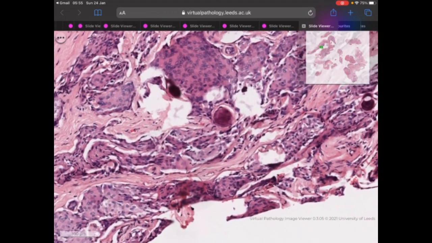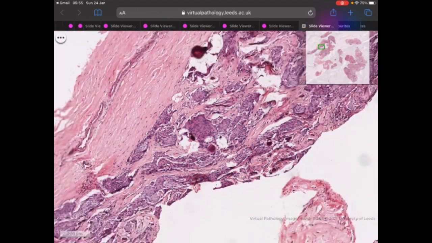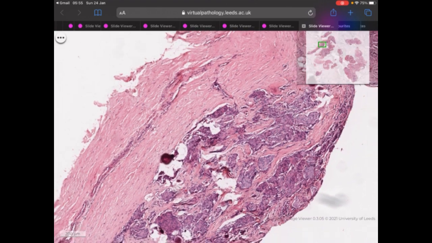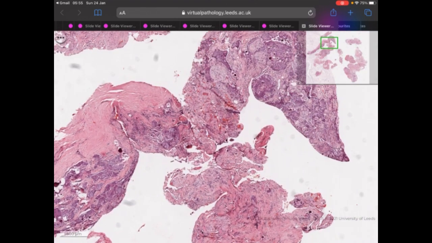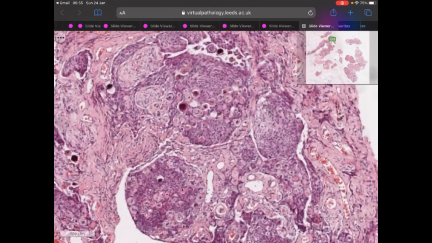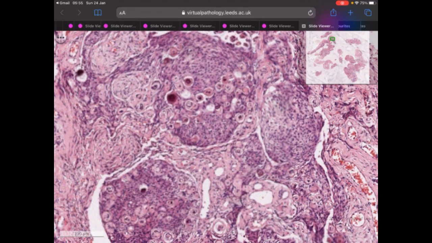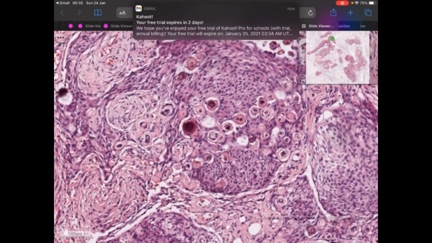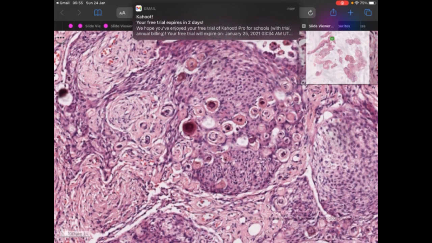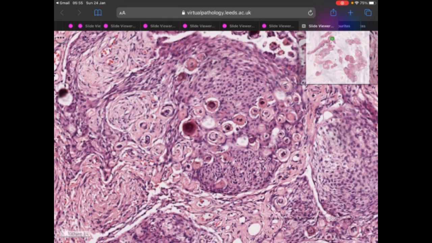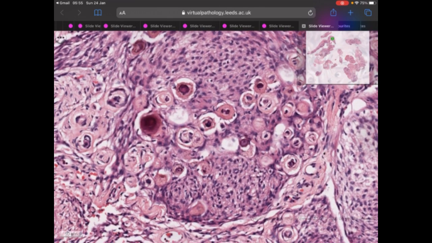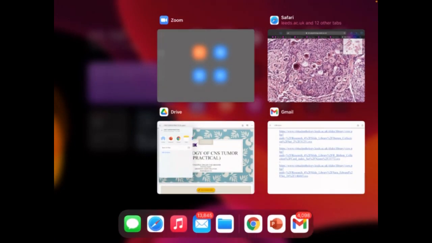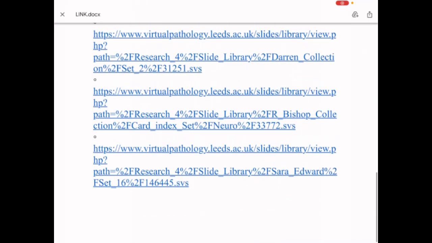We can frequently see this structure in a meningioma. This is another smaller psammoma body. This exhibits a better psammoma body. They are lamellated structures. This is multiple psammoma bodies. So this is one of the characteristics of meningioma. This is a very beautiful psammoma body.